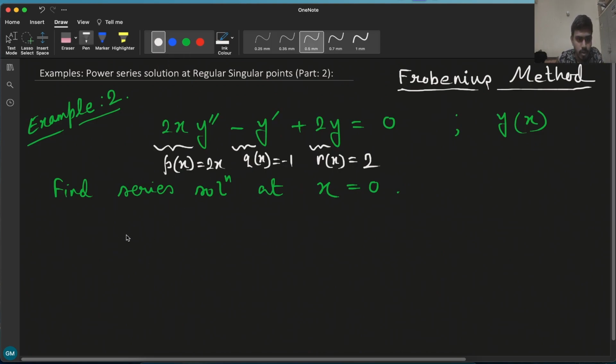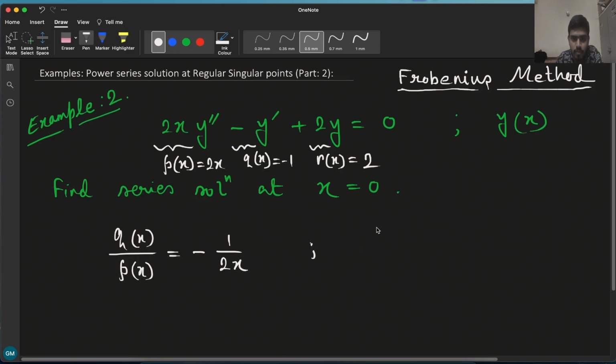So let's calculate qx by px, which equals minus 1 divided by 2x. At x equals 0, it diverges, so the limit doesn't exist. That means qx by px is not an analytic function at x equals 0.